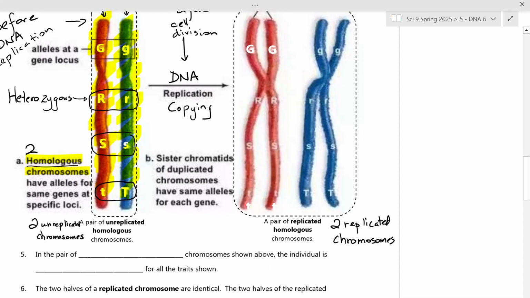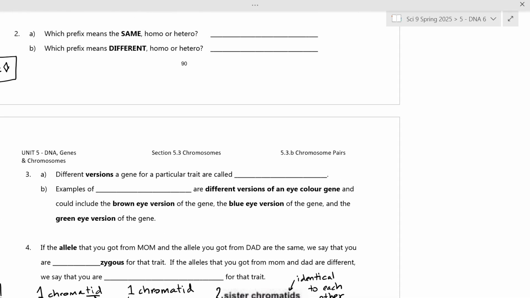So sister chromatids are identical. Homologous chromosomes are similar but not the same. Sister chromatids are identical. So maybe we can find a place to write that, maybe up at the top.